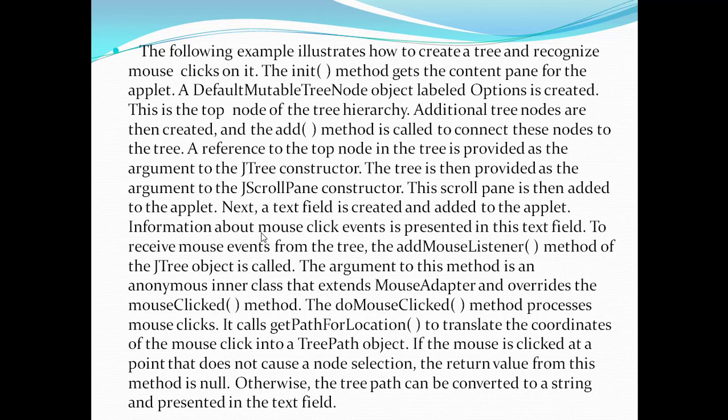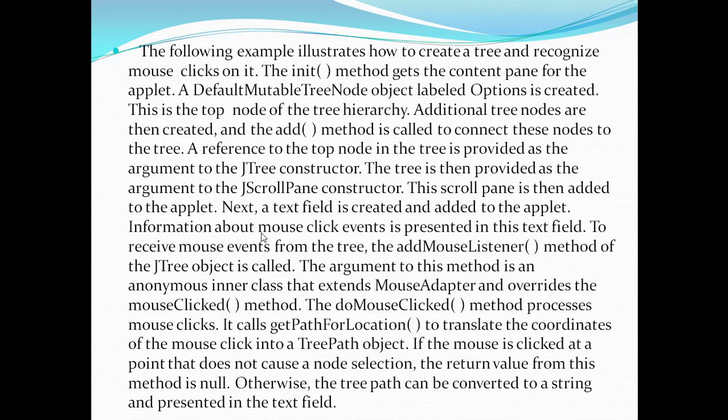This is the top node of the tree hierarchy. Additional tree nodes are then created, and the add method is called to connect these nodes to the tree. A reference to the top node of the tree is provided as the argument to the JTree constructor. The JTree is then provided as the argument to the JScrollPane constructor. This scroll pane is then added to the applet.